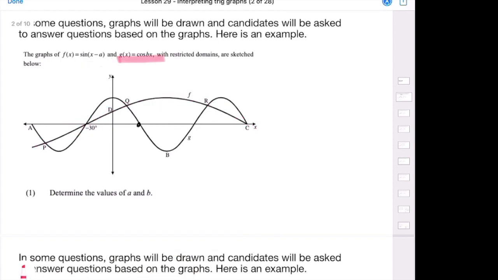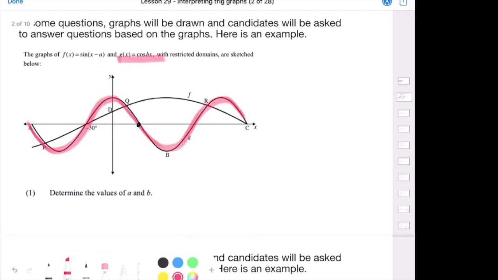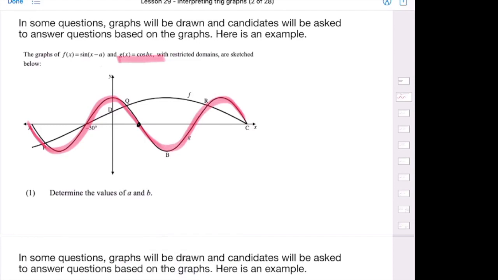Now we will find b. And b is in the graph of g, which is that graph there, and that is the cosine graph. Again, the starting point would be for you to just remind yourself about the basic cosine graph.